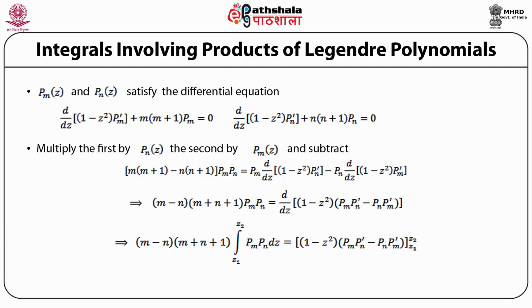On integrating the equation between z1 and z2, we have (m minus n)(m plus n plus 1) multiplied by the definite integral over z from z1 to z2 of Pm Pn equal to (1 minus z²)(Pm Pn′ minus Pn Pm′) over the limits z1 to z2.